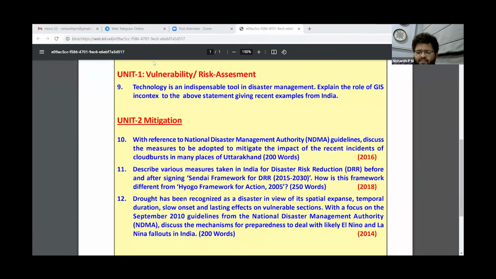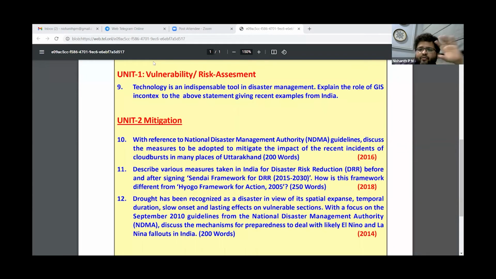So we had a national policy on disaster management, and after the Sendai framework was signed, there were significant amendments to our disaster management plan. The main focus of the Sendai framework, if you all see, is on PMRR: prevention, mitigation, response, and recovery.